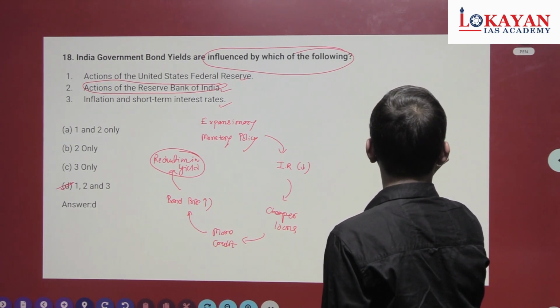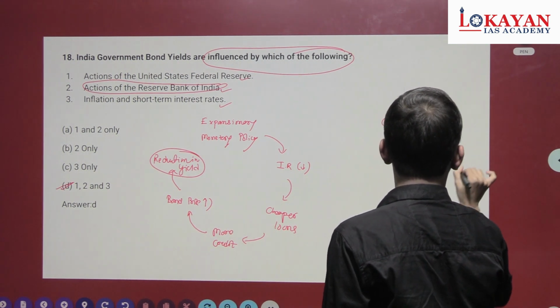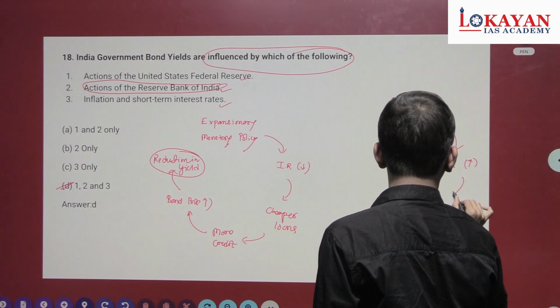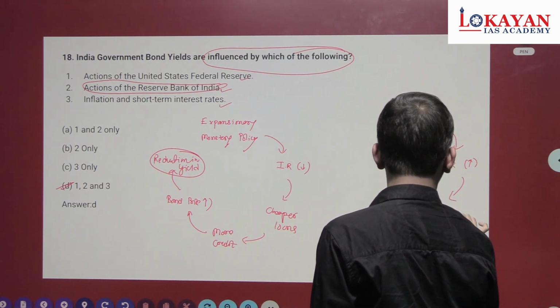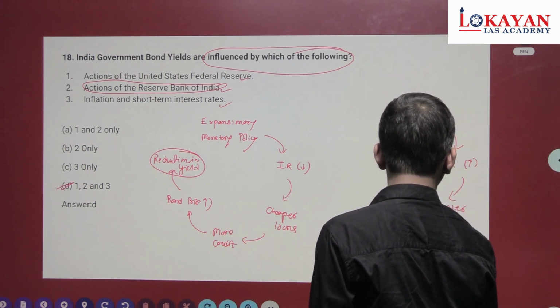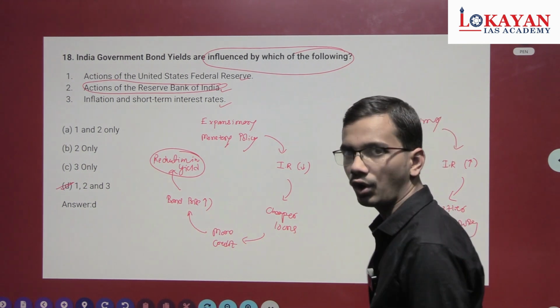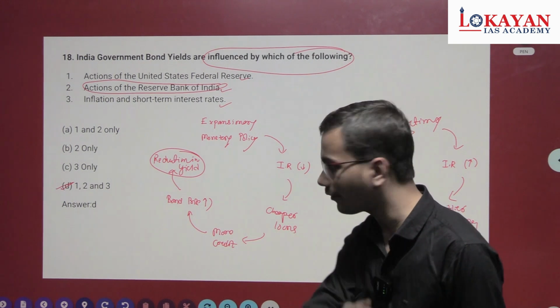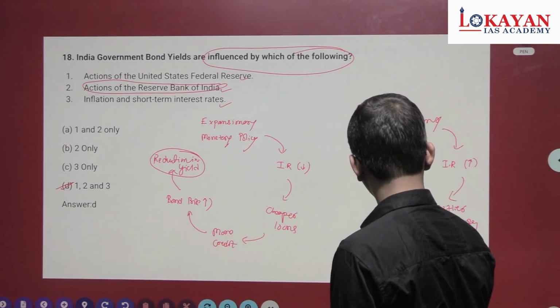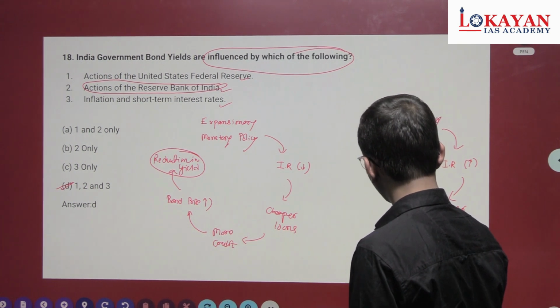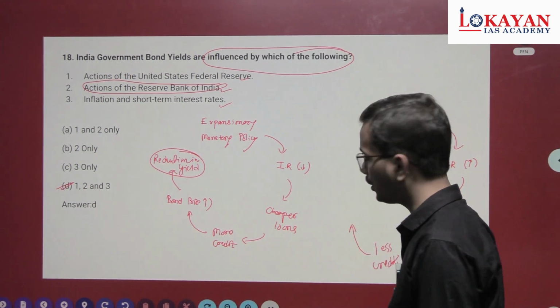Now, contractionary monetary policy. Interest rates increase, costlier borrowing, less credit availability, so prices will reduce.